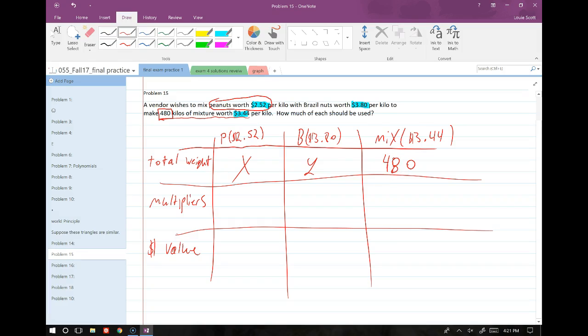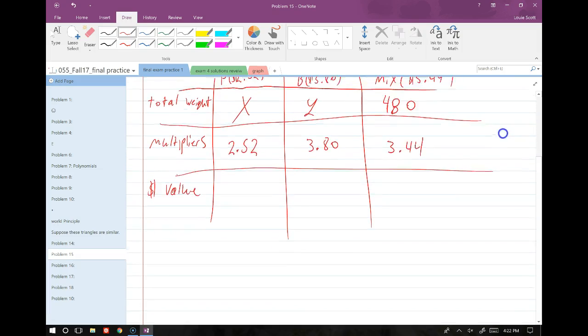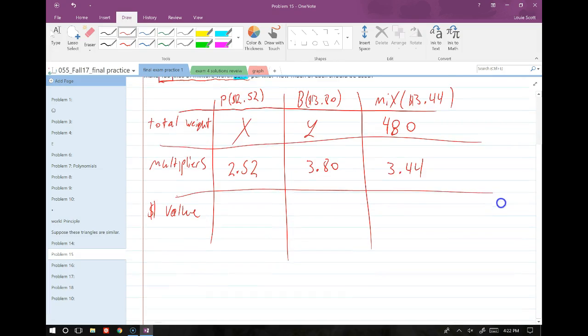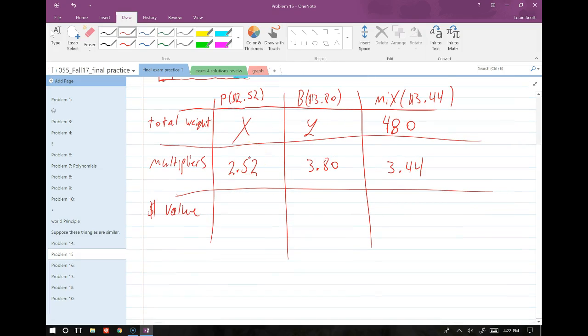Okay, so my multipliers, that's just price per pound, or percentage per gallon or whatever. In this case, it's price per pound, so I have 2.52. And for this one, 3.80 per pound. And for the mix, 3.44. Now, since this is a classic mixture problem, I just create my third row from the first 2 rows.